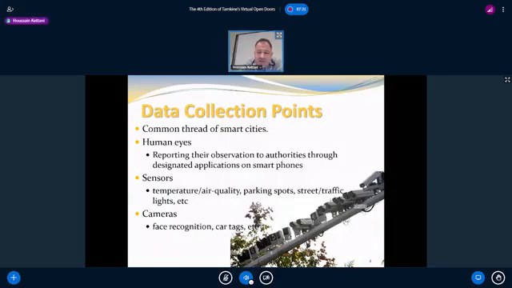So face recognition, like you can track somebody, track car tags for violations, for various reasons. So you have fewer people on the ground to enforce the law, and eventually the population becomes self-disciplined.